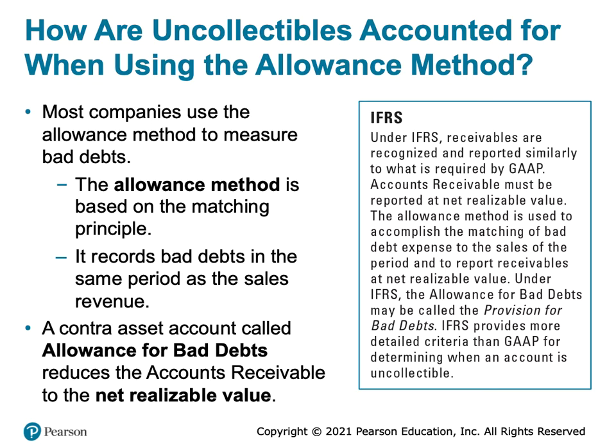So most companies will use the allowance method for measuring bad debts because it is GAAP approved and it does follow the matching principle. The reason that it follows the matching principle is because it'll record the bad debt expense in the same period that sales revenue were recorded. And we achieve this by introducing a new account, which is a contra asset account called Allowance for Bad Debts.